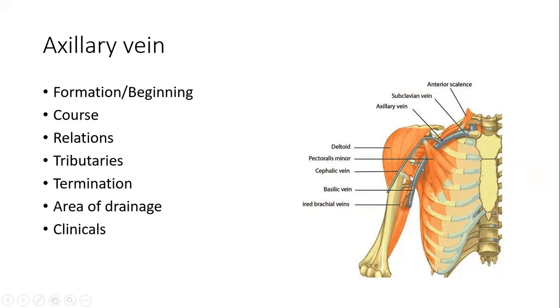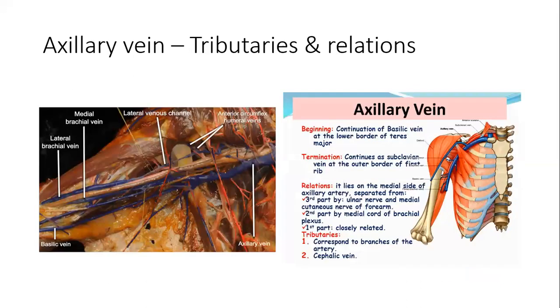Now, just like the axillary artery, because of the presence of the pectoralis minor crossing it anteriorly, the axillary vein is also divided into three parts: first part, second part, and third part. Relations of the axillary vein.